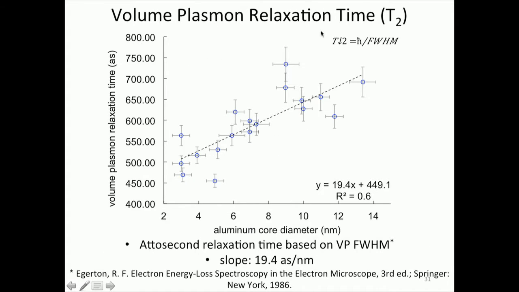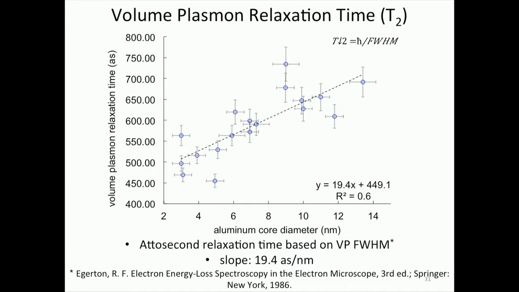So the volume plasmon relaxation time is the time that the volume plasmon will decay by 1 over e. So it's the time that the volume plasmon intensity, the amplitude, would decay by 1 over e.